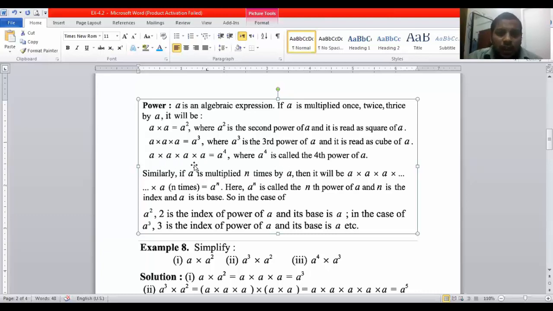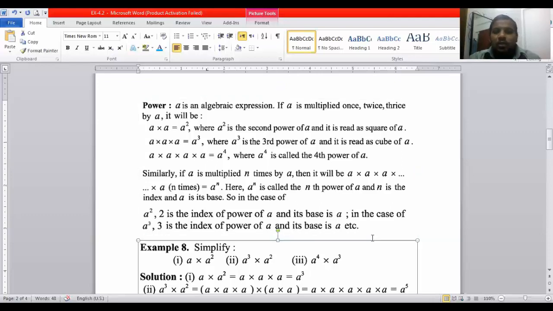So if there are n times of A, it will be A to the power n. Here A to the power n is called the nth power of A and n is the index and A is its base. So in A square, 2 is the index and A is the base. We can say index is power also.